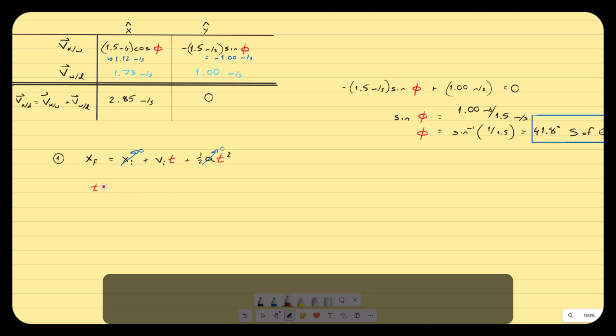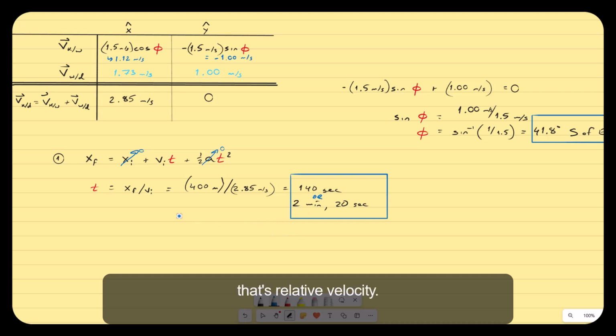So my t is going to be x final over v initial. I get 400 meters over 2.85 meters per second. Get about 140 seconds. Or if you like, 2 minutes, 20 seconds. That's it. That's relative velocity.